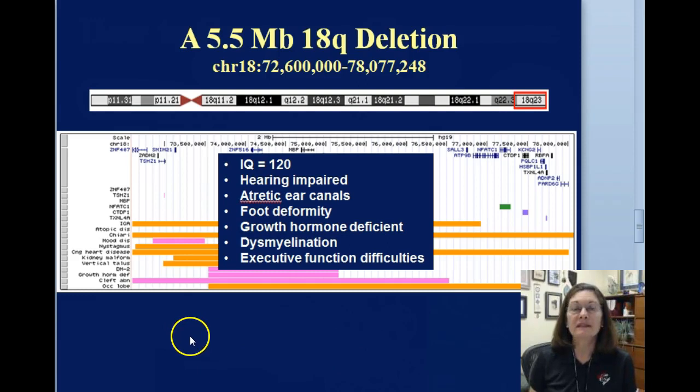And by way of an example, here is a person who actually has a deletion of this region of chromosome 18, just to show you an example. This person's IQ is 120. They are hearing impaired. They have atretic ear canals and a foot deformity. They're growth hormone deficient. They have dysmyelination of the central nervous system.